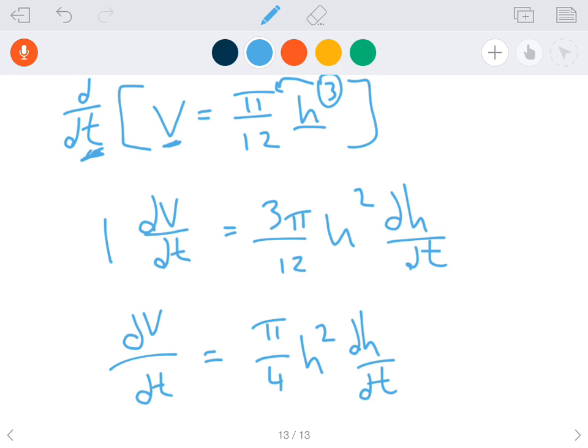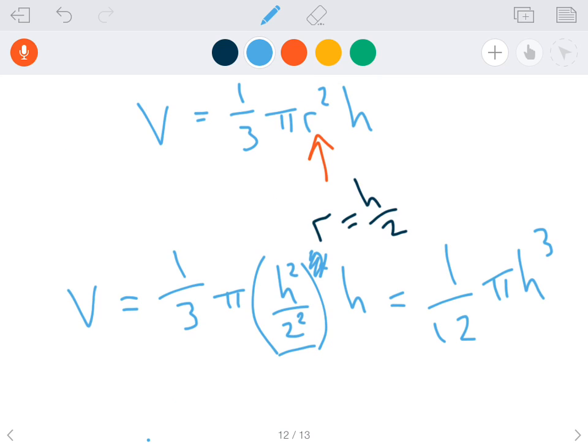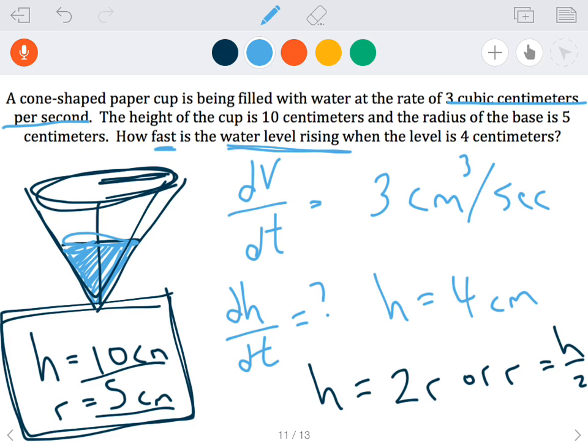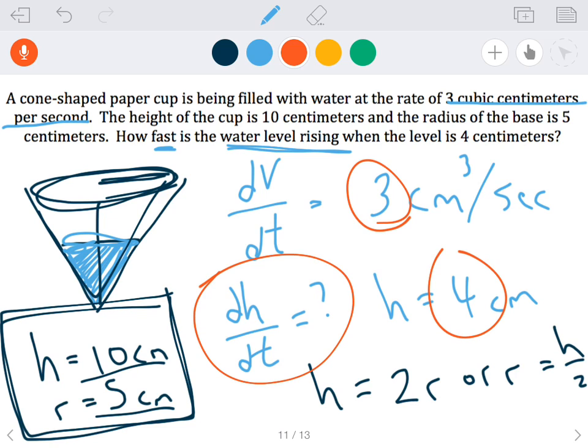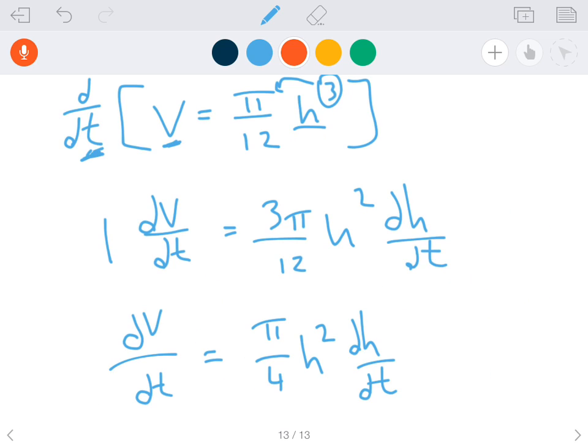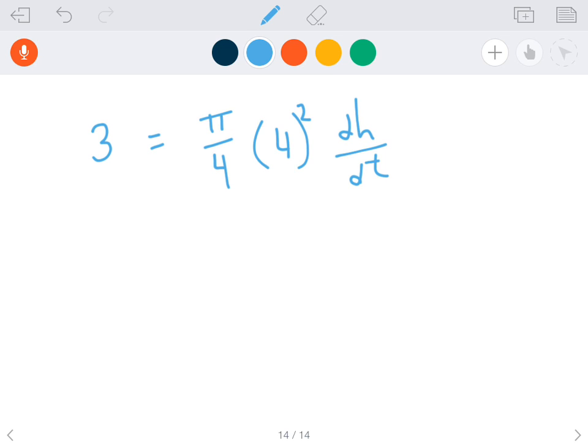Let's start plugging in what we know. dV dt was 3, h was 4, and we're looking for dh dt. So dV dt was 3. Have my constant. h was 4. And I'm looking for dh dt.